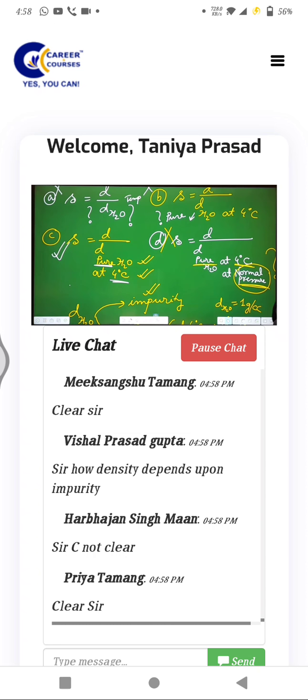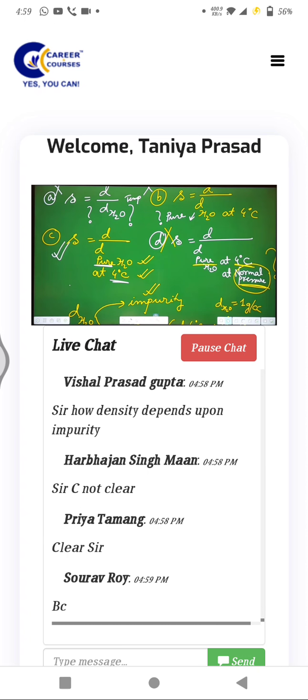Vishal Prasad Gupta asked, sir, how does density depend upon impurity? Vishal, you know that the density of distilled water and the density of drainage water is not the same. The density of distilled water is less than the density of impure water like seawater, or water with some mud mixed in. So while the water contains some impurities, the density increases.